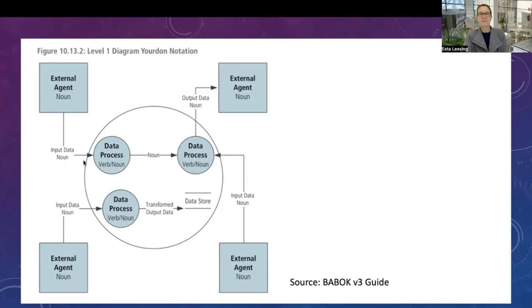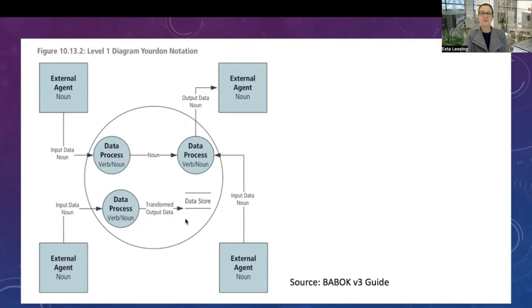But in their example, they show that this particular external agent is only giving us one input flow. What they do is break up their system into the first level of data flow processes. So it shows here what the key data transformation processes are that happen within the system.